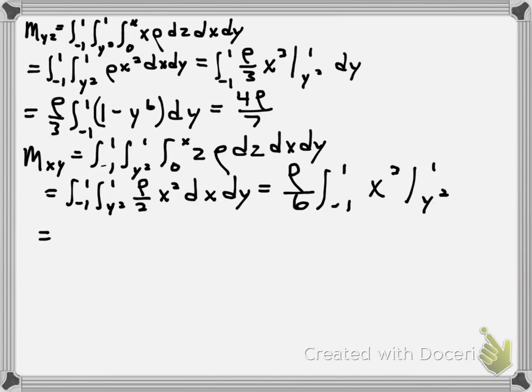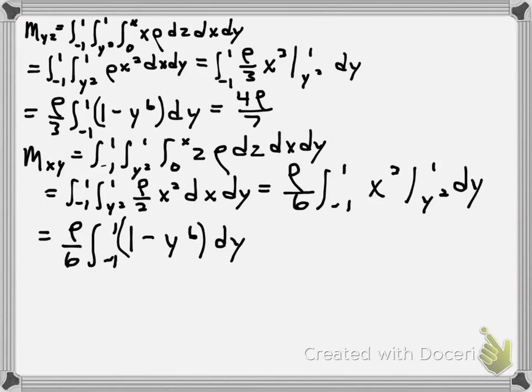And this is going to equal, this is the integral with respect to y on the outside, rho over 6 integral from -1 to 1 of 1 minus y to the 6th dy, and I will ask for you to check that this is 2 rho over 7.